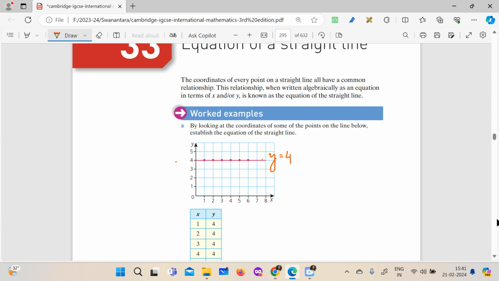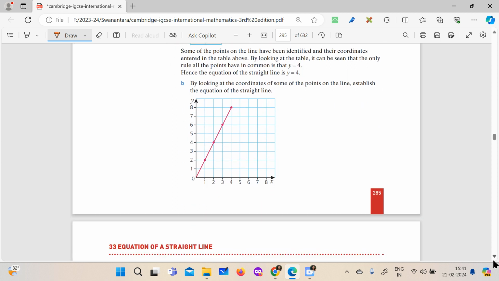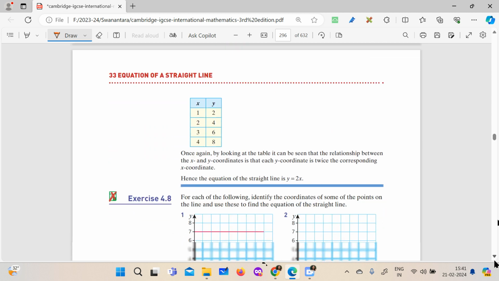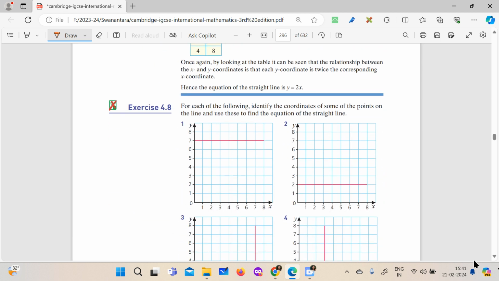Yeah, okay, miss. So we will do, can you tell me the equation of this line now? Now we did similar to that. It is similar. Y is equal to 7.